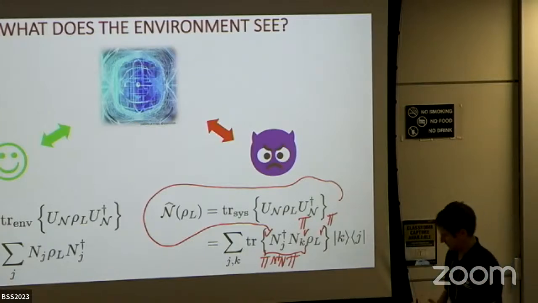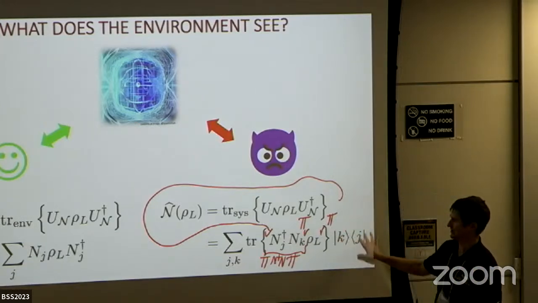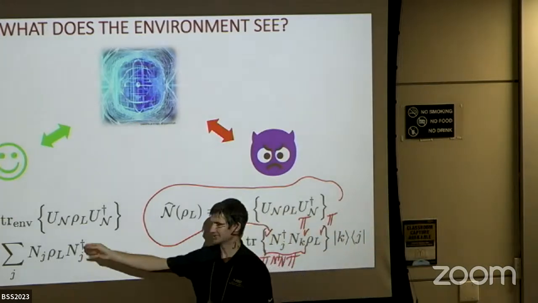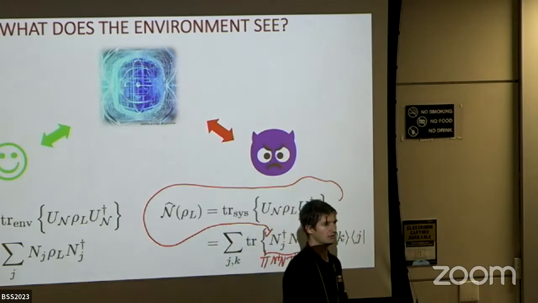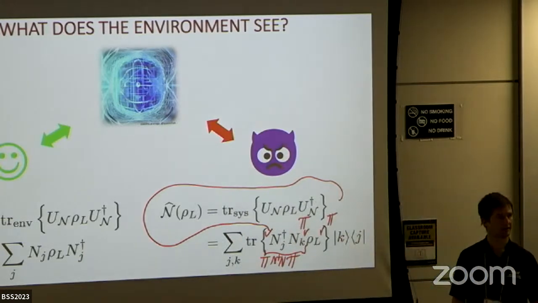And also, the dimension of this space is just the minimal number of Kraus operators, and it can be huge. So in some cases, you win by studying something that's fewer dimensions. Okay.